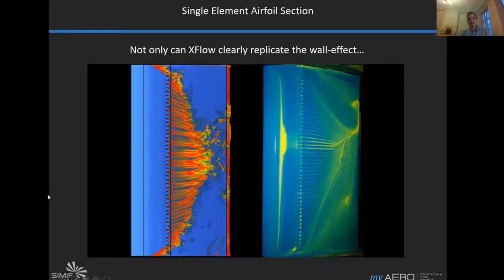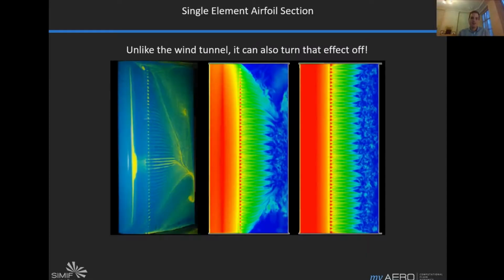So great, XFlow can replicate the wall effect, and we're able to get some sense of the magnitude, but XFlow can do more than that, which brings me to the first main advantage of XFlow, because XFlow can just turn off this effect.